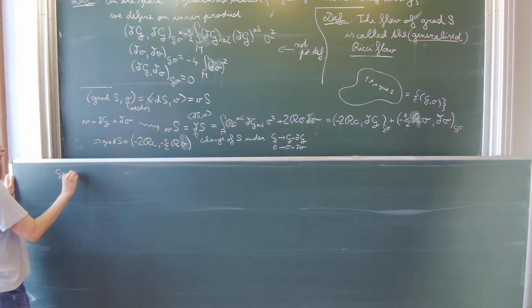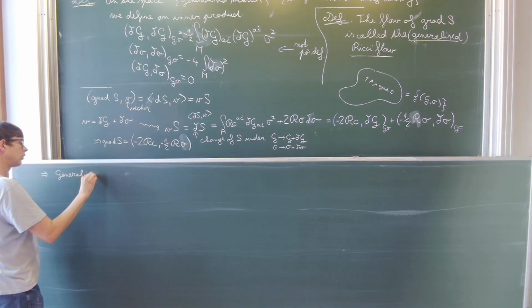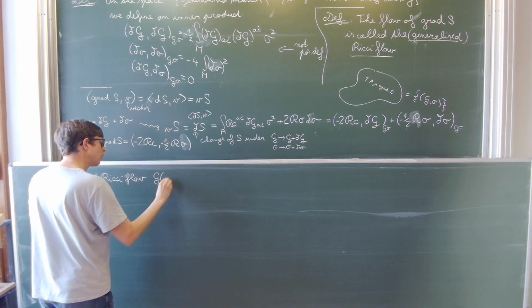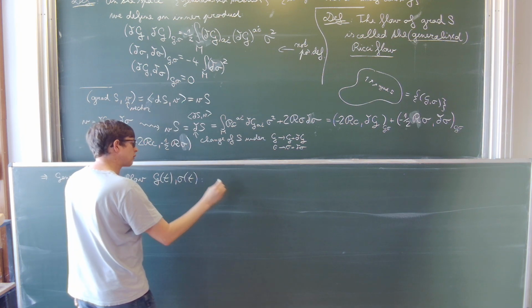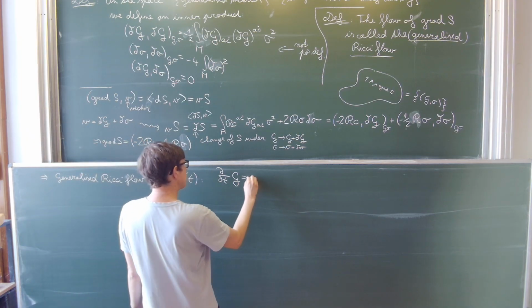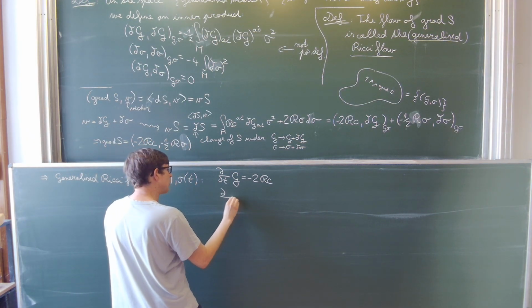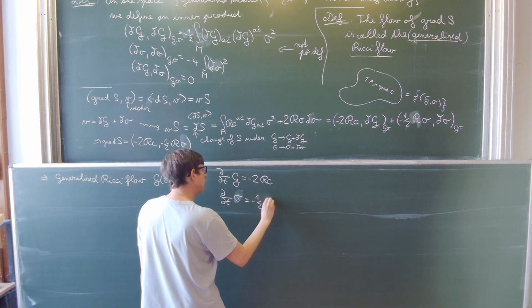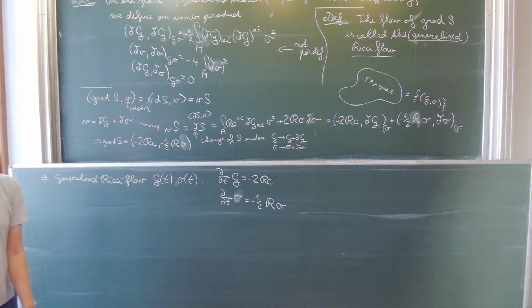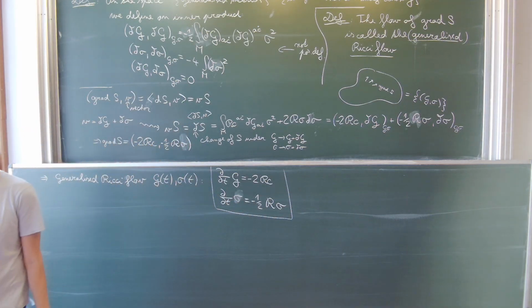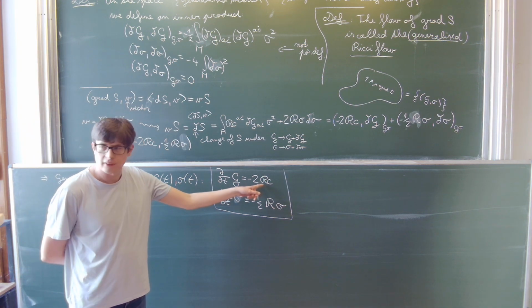So, generalized Ricci flow: if I now imagine that I have really a flow of some families of such objects, then the equations are that the change of G is minus 2 Ricci, and the change of sigma is minus 1/2 R times sigma. This is called the generalized Ricci flow. And you see why it's called Ricci, because there is Ricci there.